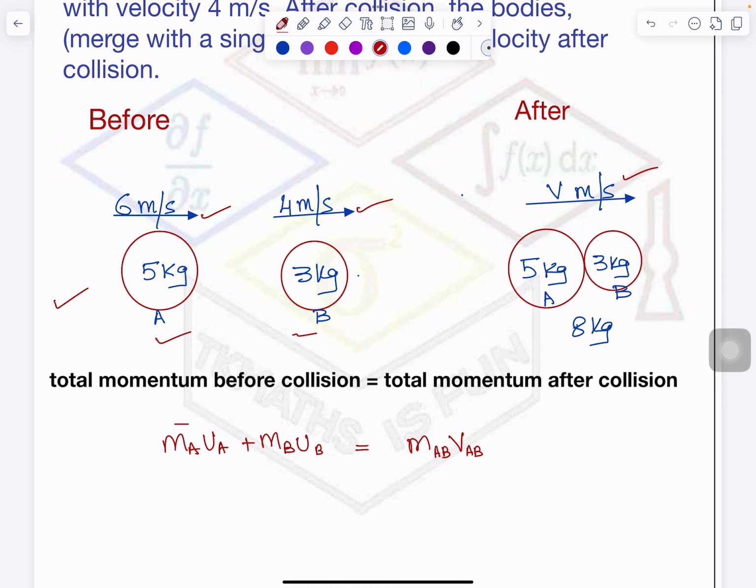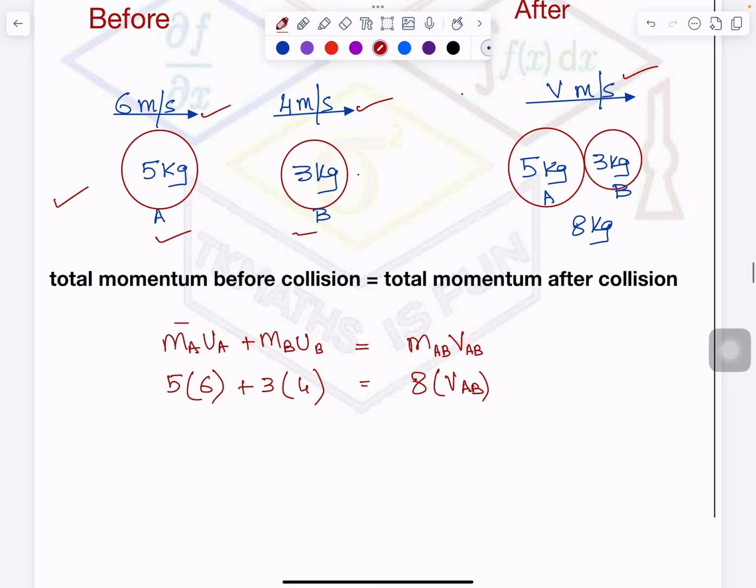So in this case the mass is 5 times 6 plus 3 times 4, equals the combined mass 8 and velocity we don't know, we have to find out. So 5 sixes are 30, 3 fours are 12, equals 8v.